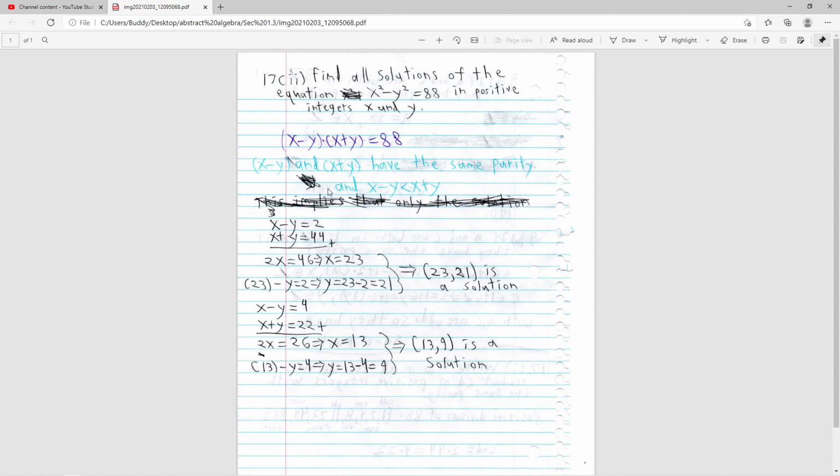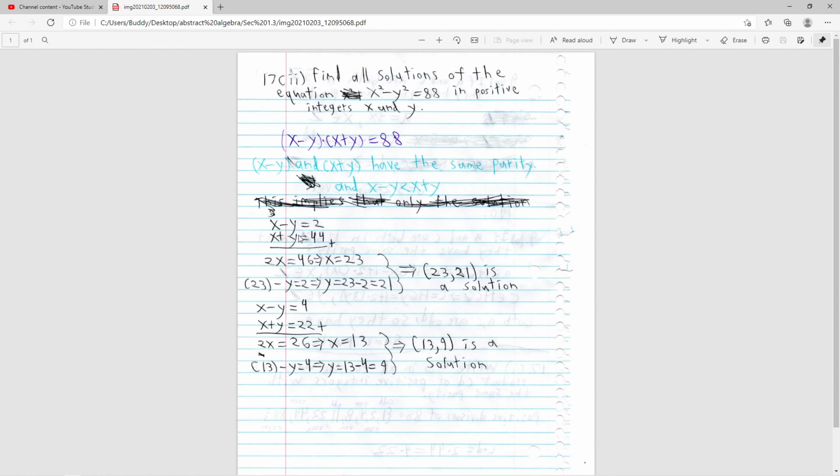Like 3 plus 2 is 5, 3 minus 2 is 1. They're both odd. 100 plus 50 is 150, 100 minus 50 is 50. Those are both even. But don't overthink it, just understand that's the case.